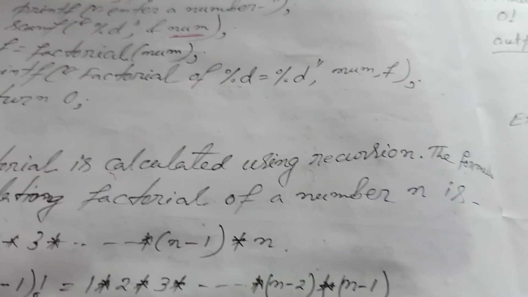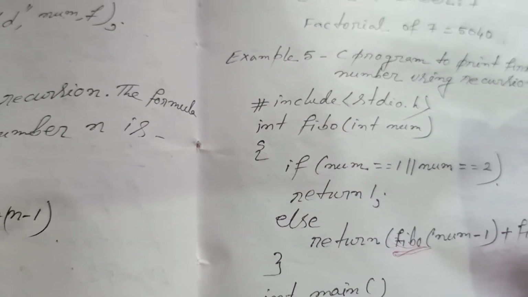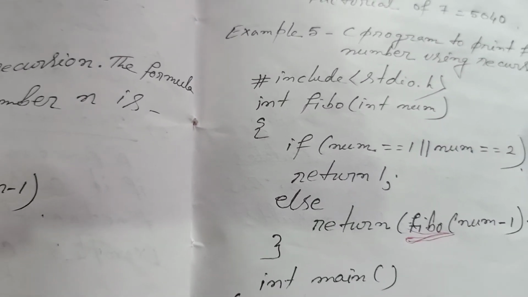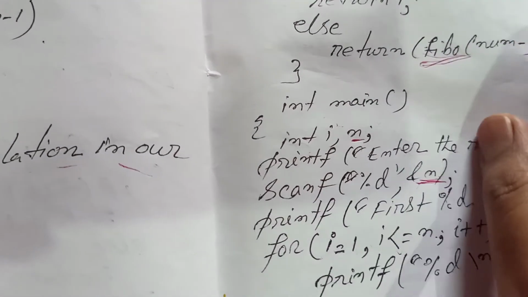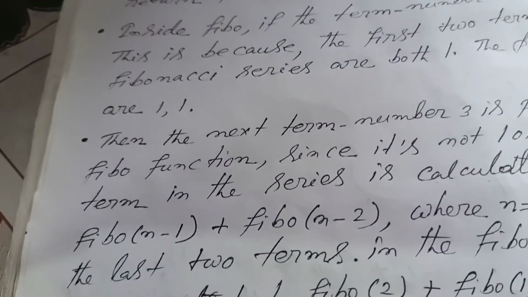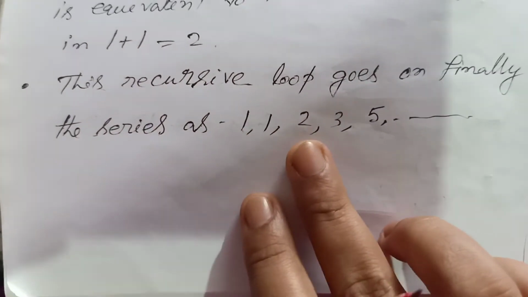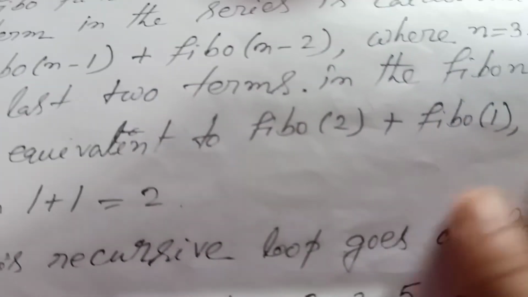For the third term, 0 plus 1, we are getting 1 again. Okay, and for the fourth term, 1 plus 1 is added, so we are getting 2. For the fifth term, 1 plus 2 is added, so we are getting 3. And in this way the process will go on. So the series would be 1 1 2 3 5 and so on.